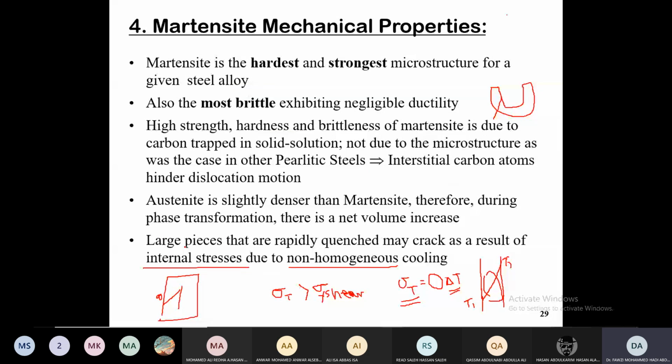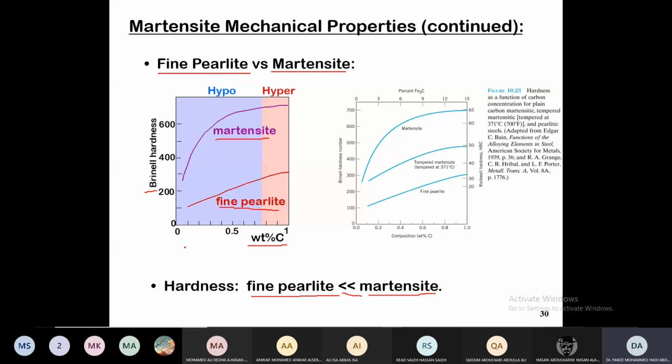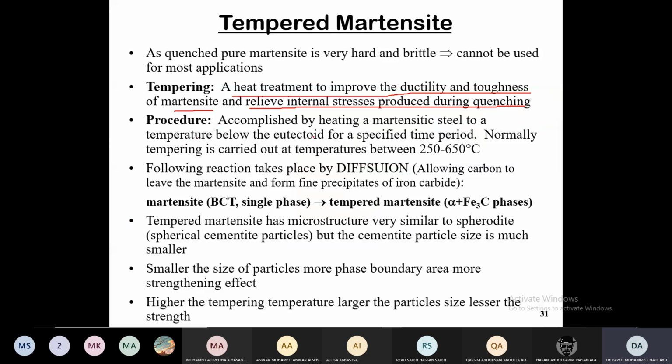Large pieces could lead to internal stresses or cracking of the specimen. The heat treatment here causes what? If there are any internal stresses, the atoms are going to redistribute and anneal out. This is the phrase that we use. They anneal out the internal stresses in the material. We get rid of the internal stresses in the material.